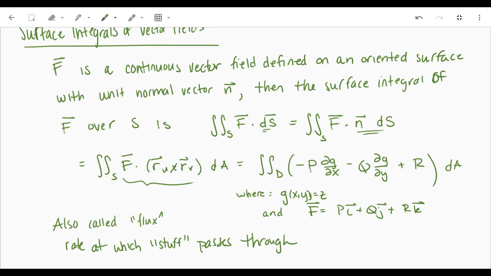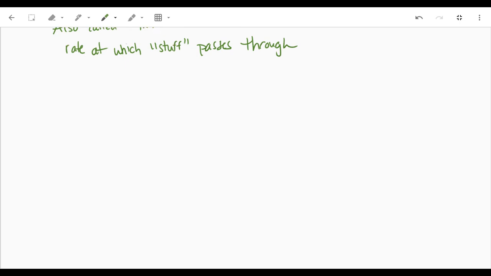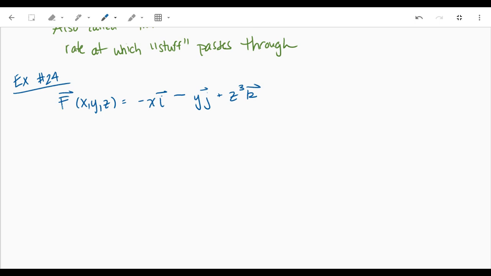All right, so that was kind of a lot. Let's take a look at an example. This is exercise 24 in your book. So we have this vector field defined by this, and then S is the part of the cone z equals the square root of x squared plus y squared.